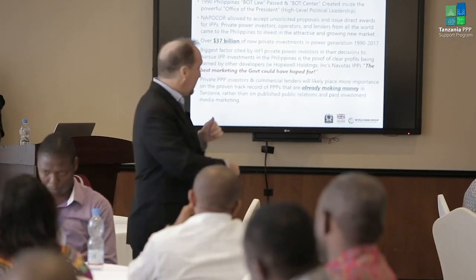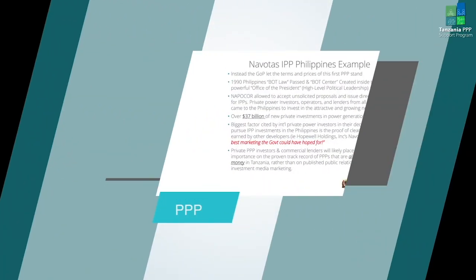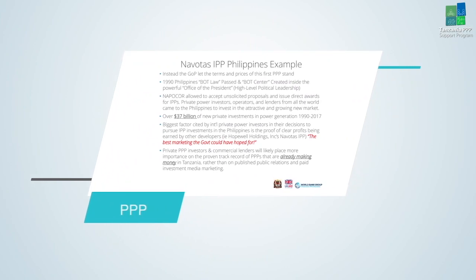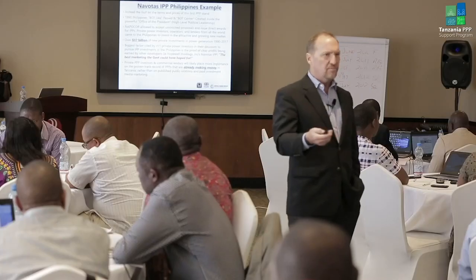So many have said that the additional amount that they ended up paying for power from this first project, which was a very high risk project, a 200 megawatt facility, the investor only put in $41 million. If you know the power sector, you'd expect a 200 megawatt plant to cost about $200 million.